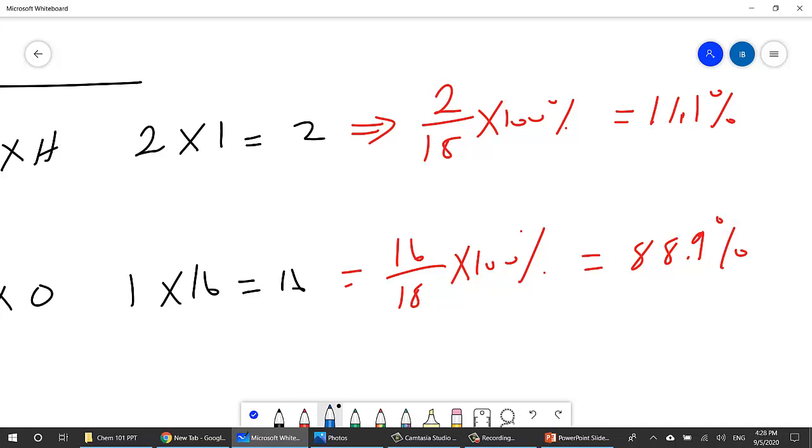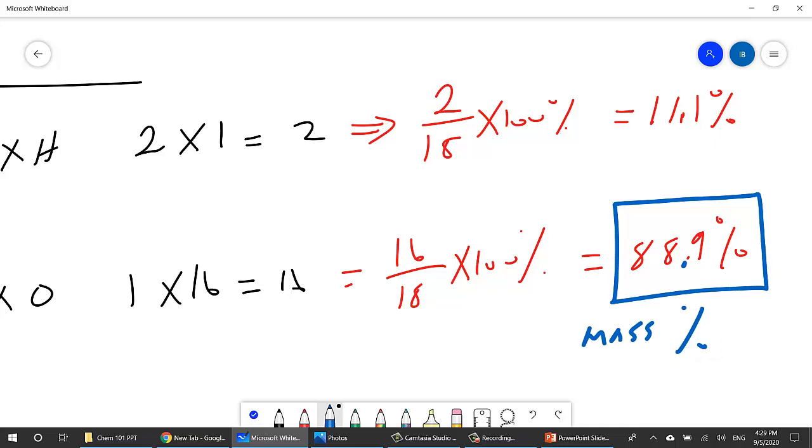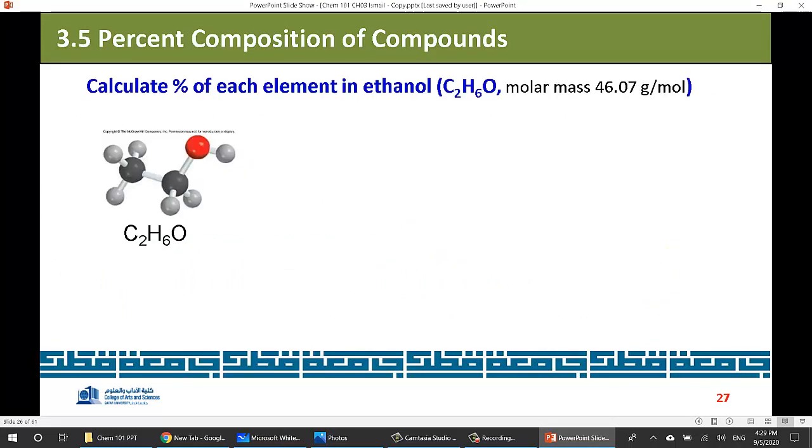Notice here that even though we have only 1 atom of oxygen, it makes up most of the water by mass because oxygen is just heavier than hydrogen. So this is called the mass percent, okay? The mass percent of oxygen in water, or the mass percent of hydrogen in water. We're going to use this in our chemistry.